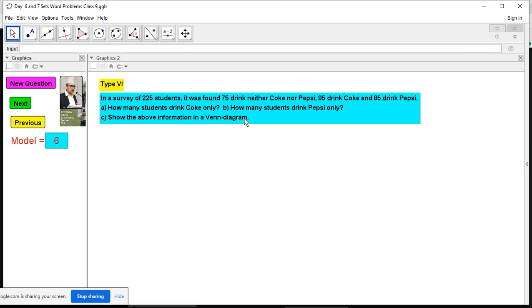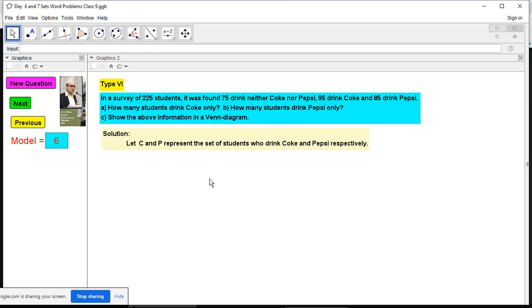Yes, intersection, thank you. The intersection part is not asked here, but without the intersection part of two sets, we cannot find the only part. That's why that is the first hidden question for us.